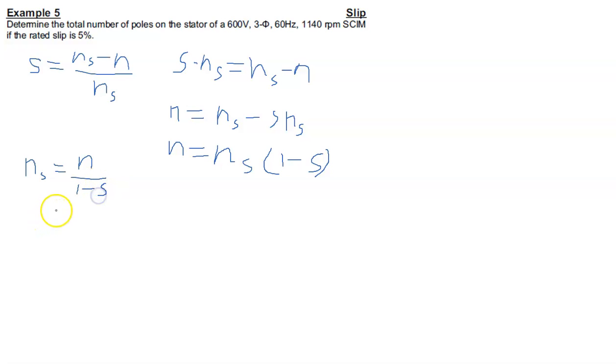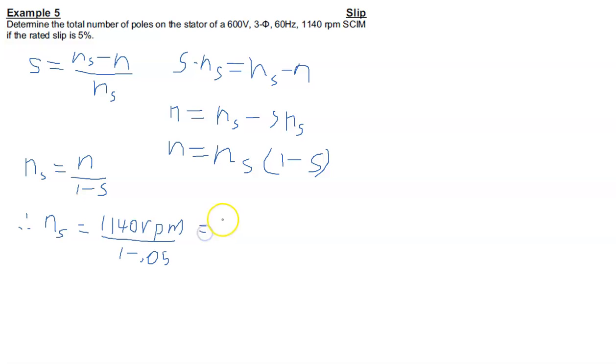And so in order to figure out the sync speed from the speed, you can't take the 1140 and multiply by slip, but what you have to do is divide by 1 minus the slip. And so for this equation, we have ns is equal to 1140 RPMs divided by 1 minus the 5%, or as a decimal, 0.05.